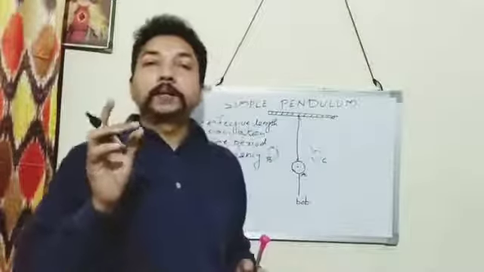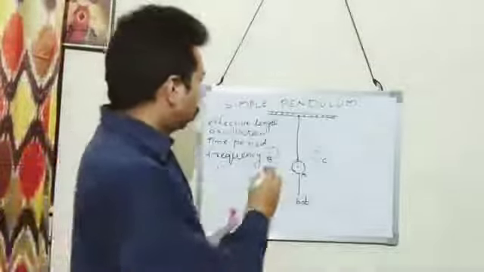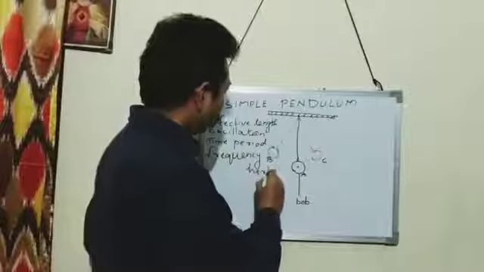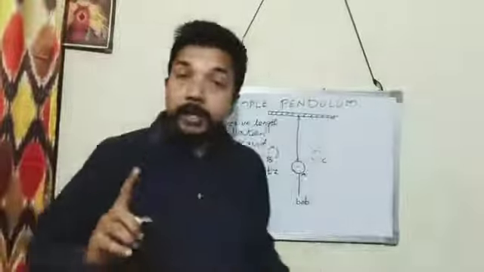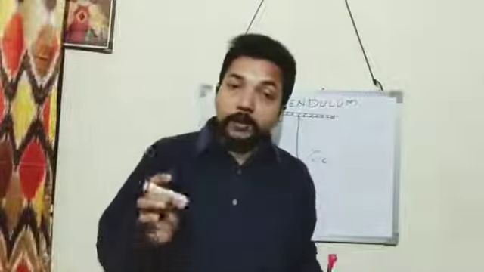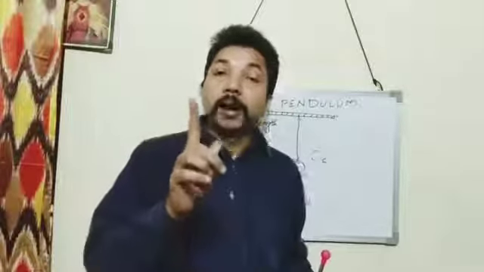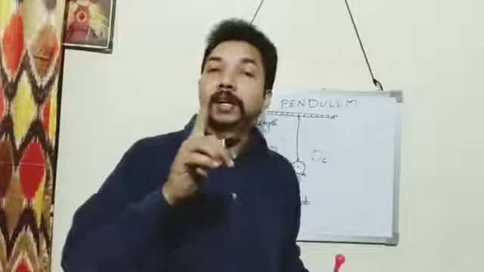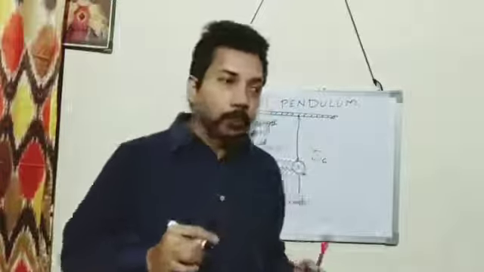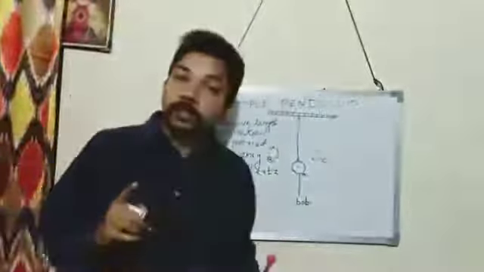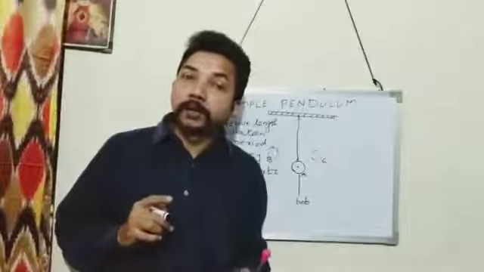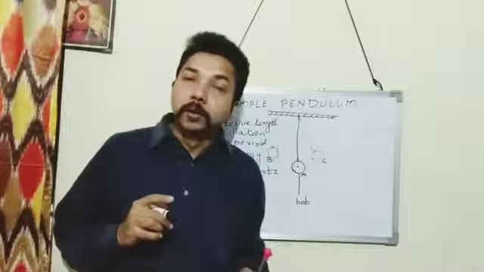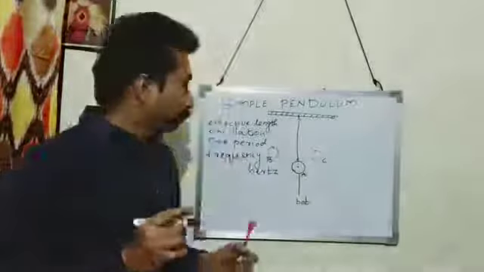The SI unit of frequency is hertz. Suppose the frequency of an object is 10 hertz. It means that in 1 second it oscillates 10 times. There is a relation between time period and frequency: time period is equal to 1 upon frequency.